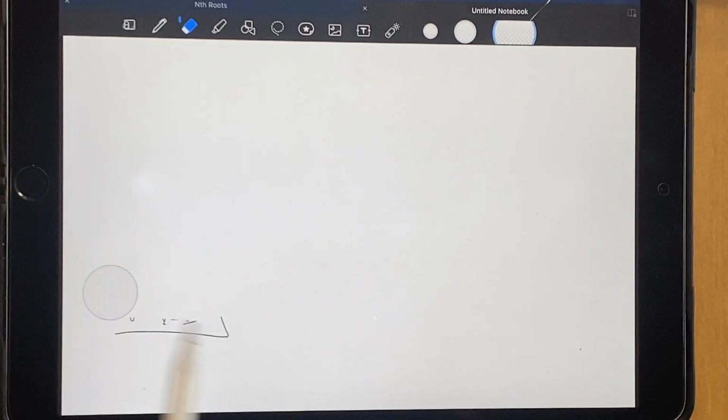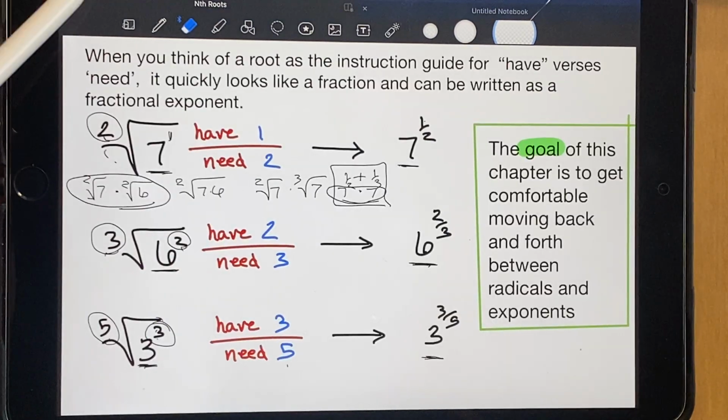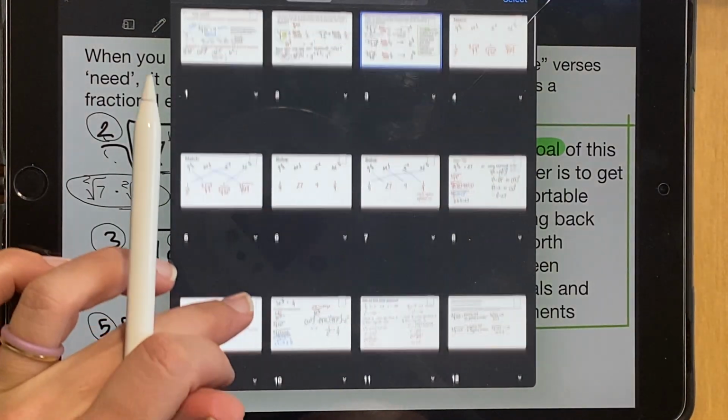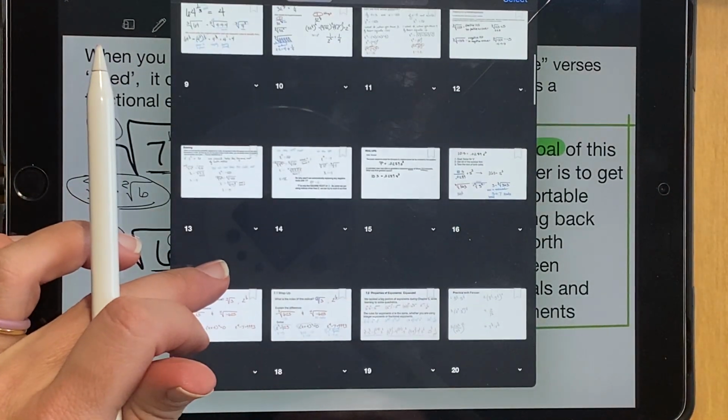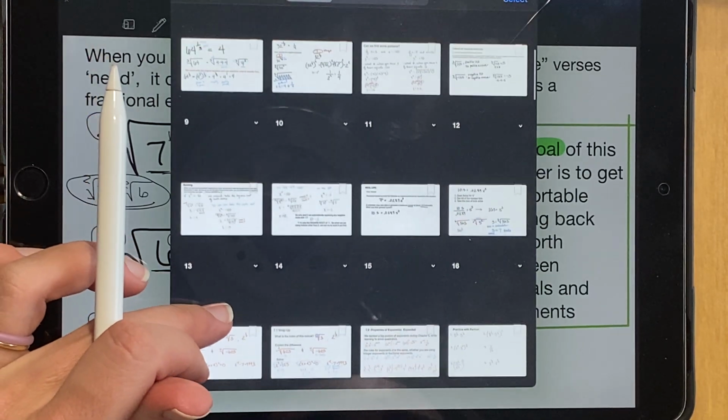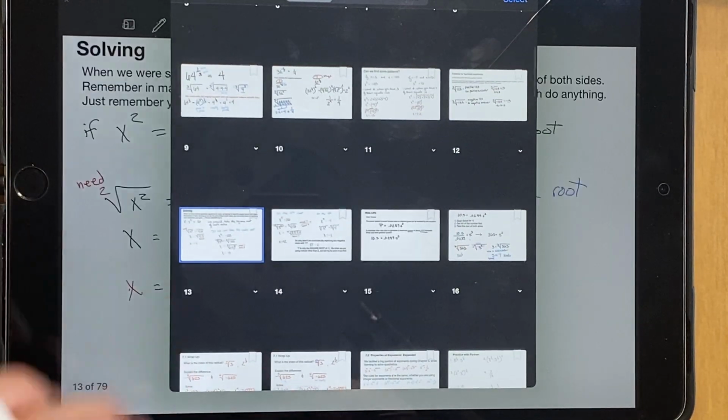All right, so now, big picture. How do we use everything that we have to actually solve an equation?